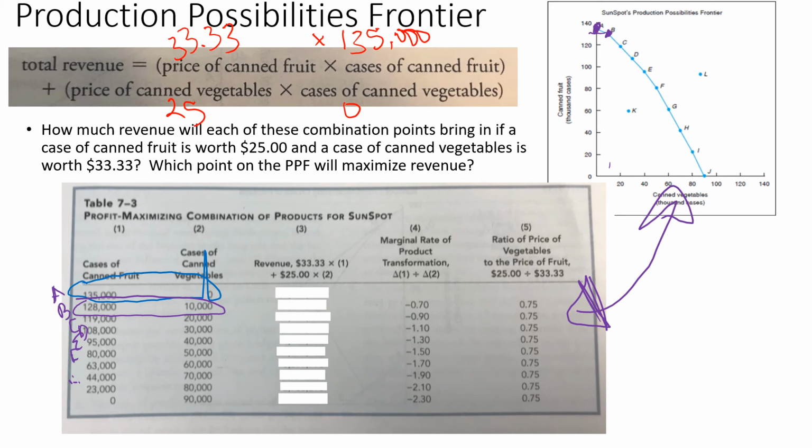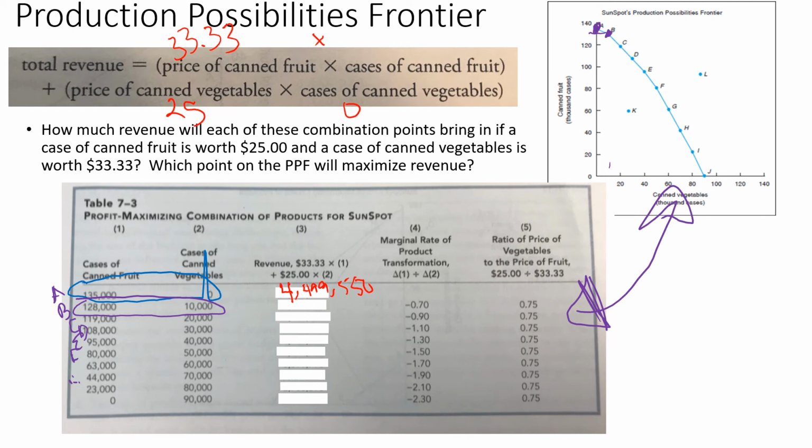Let me get my calculator. 3333 times 135. It's a lot. It is 4,499,550.